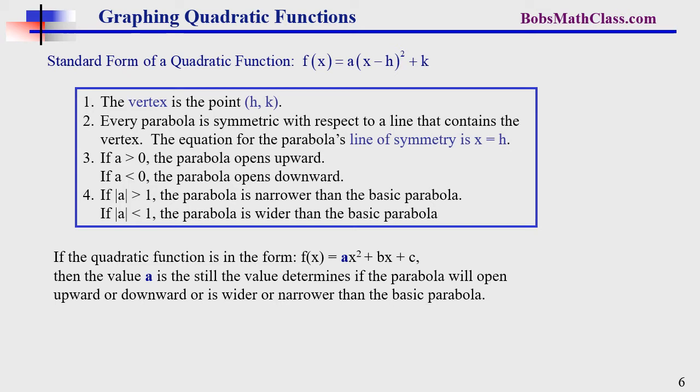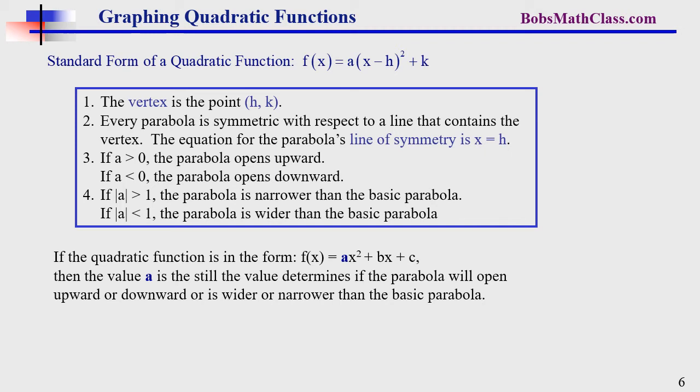Notice that again the h follows a minus sign, so that's why I like to say the opposite inside the parentheses, but plus k, the same number. Every parabola is symmetric with respect to a line that contains the vertex. The equation for the parabola's line of symmetry is x equals h.